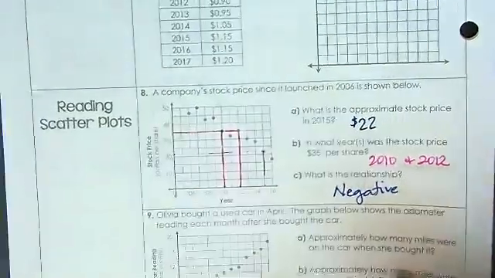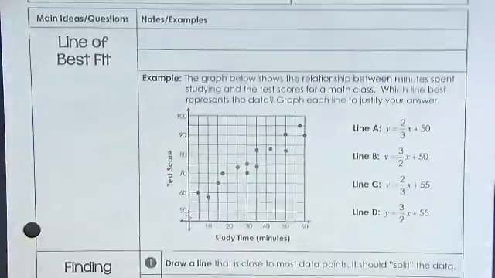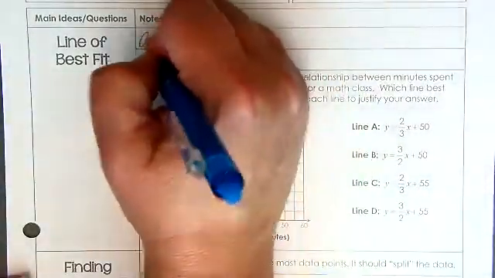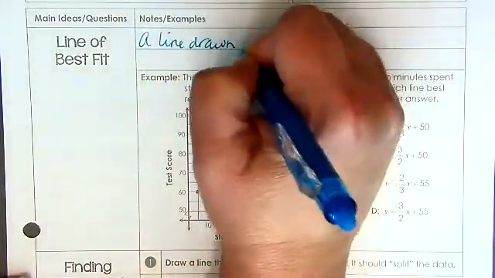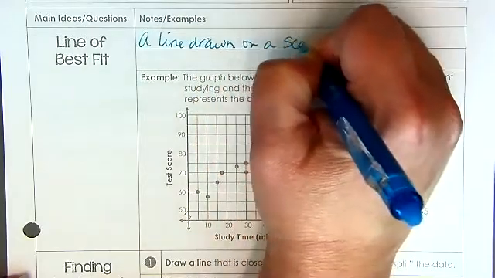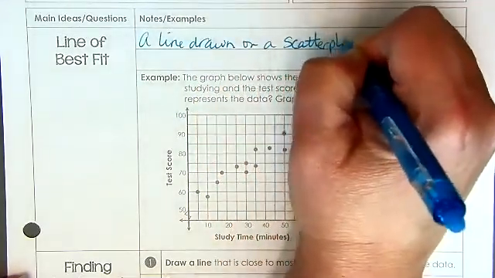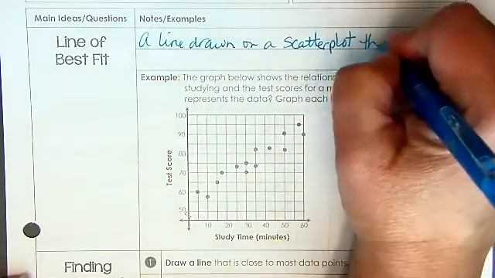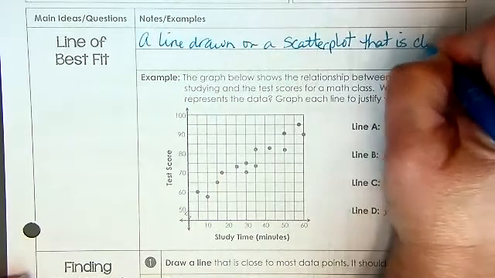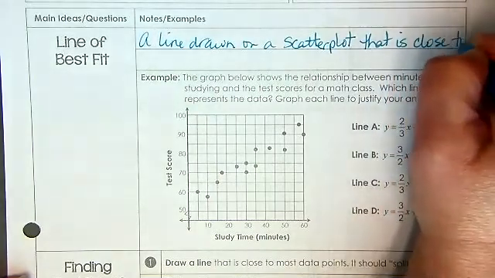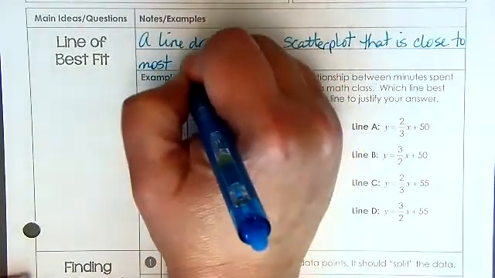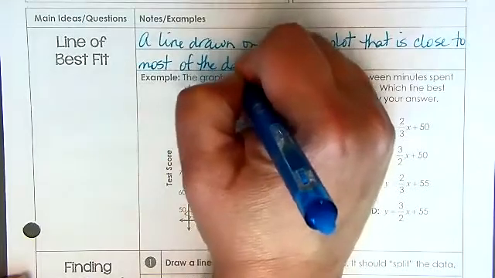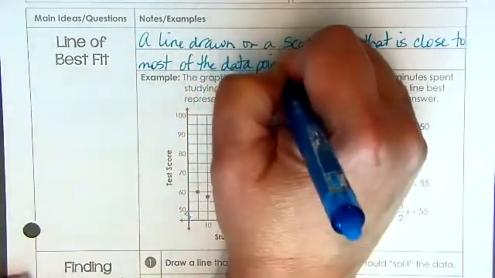This is where we talk about the line of best fit. Okay, so this is the line of best fit. It is a line drawn on a scatter plot that is close to most of the data points.